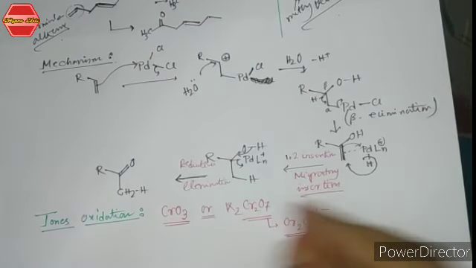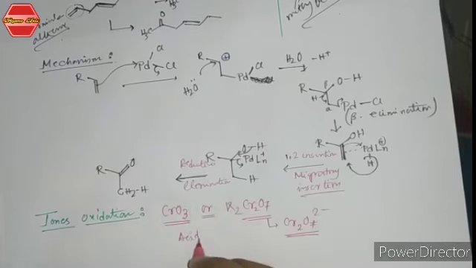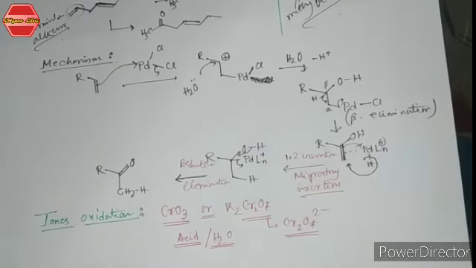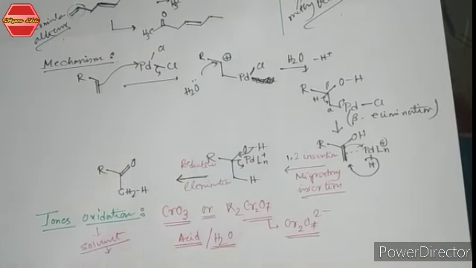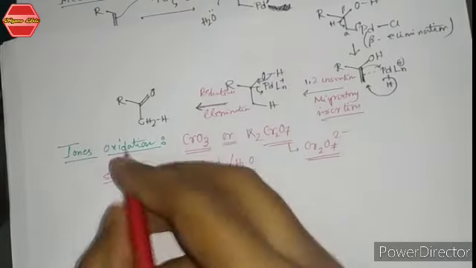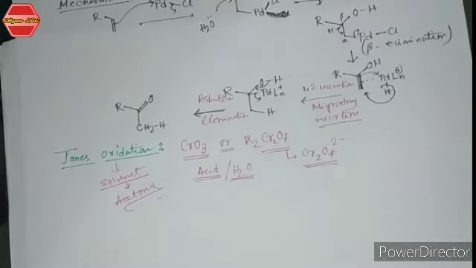This is the overall reagent, and you have to put some acid and water. And the solvent which is generally used in Jones oxidation is acetone. Okay, so this is the Jones oxidation.